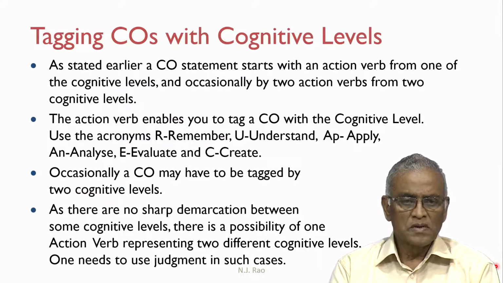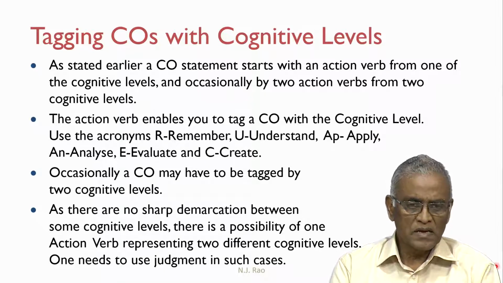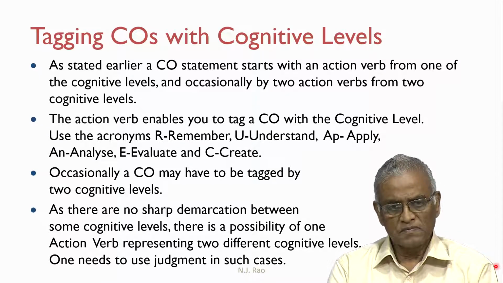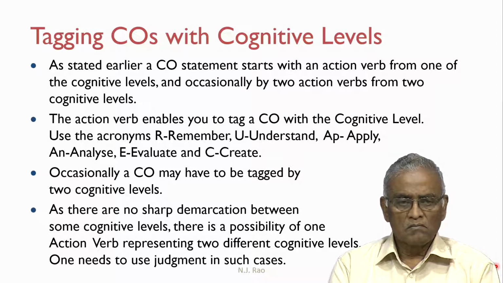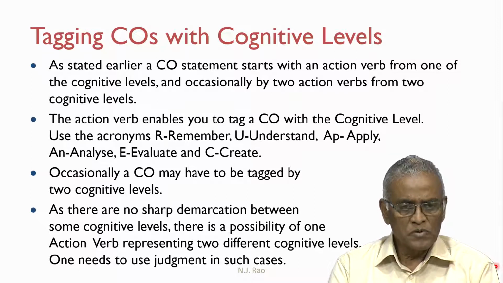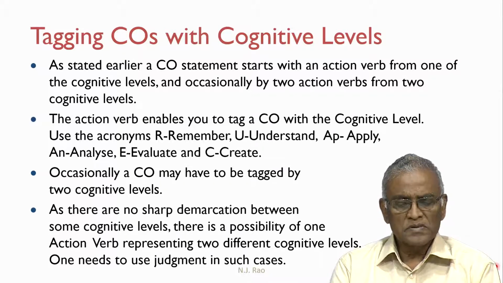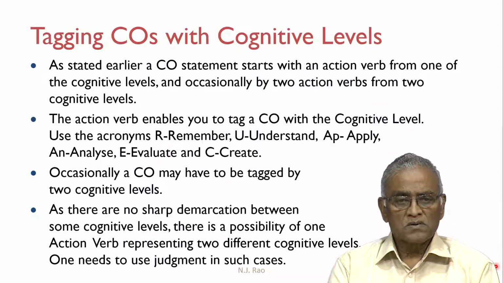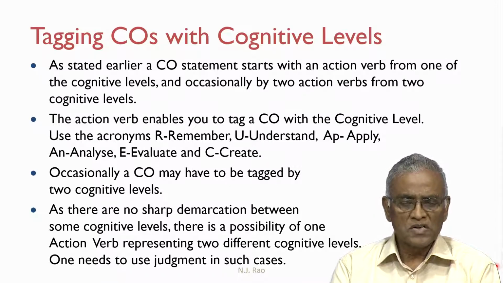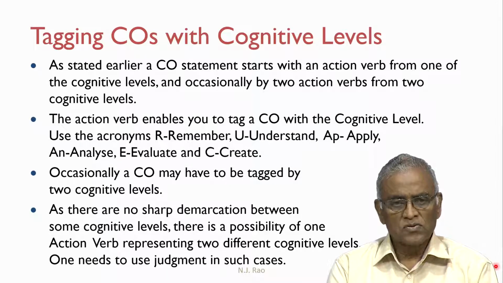For example, one action verb, namely identify, is associated with both understand as well as analyze, perfectly acceptable in both the cognitive levels. So the teacher should use his or her own judgment in such cases to tag the CO with the appropriate cognitive level.